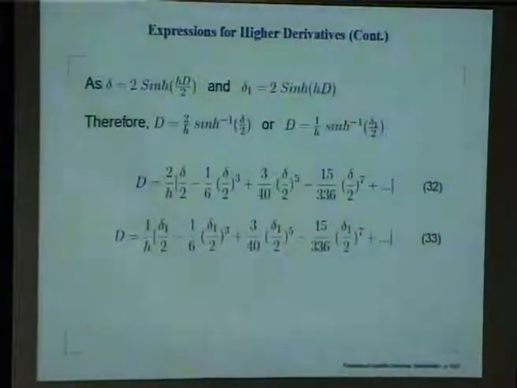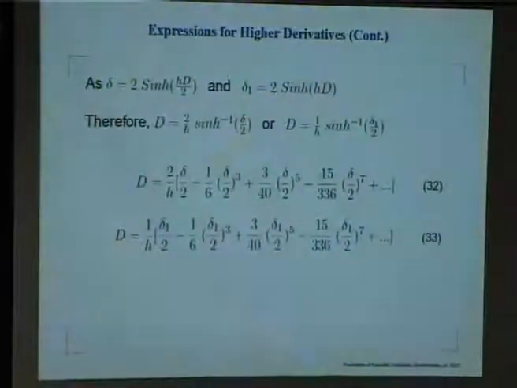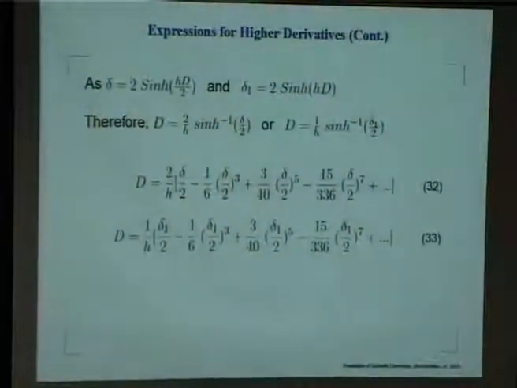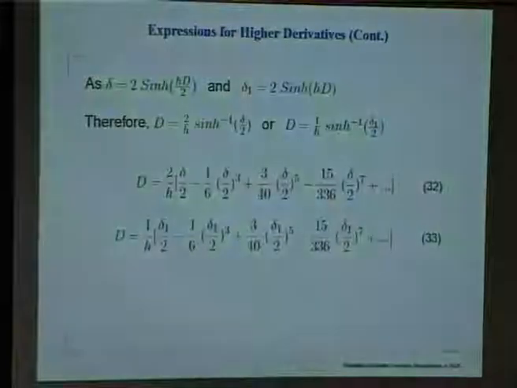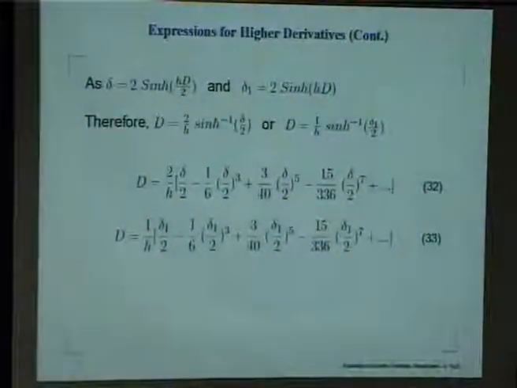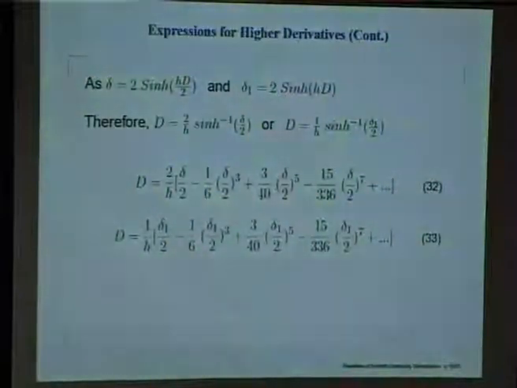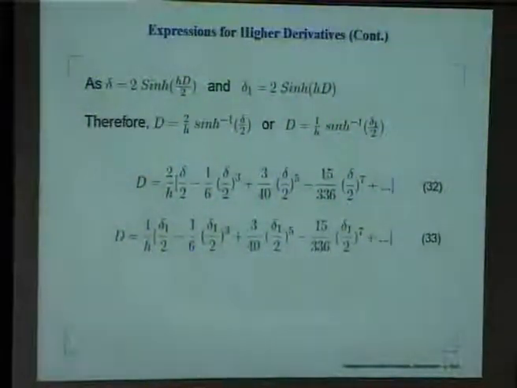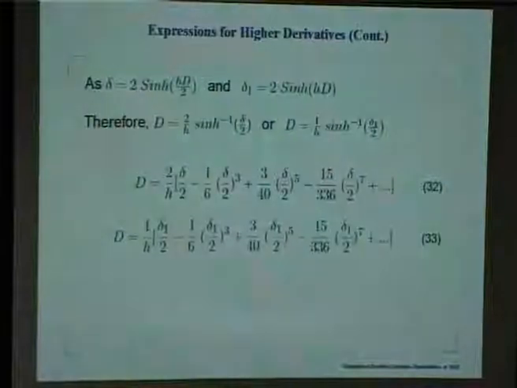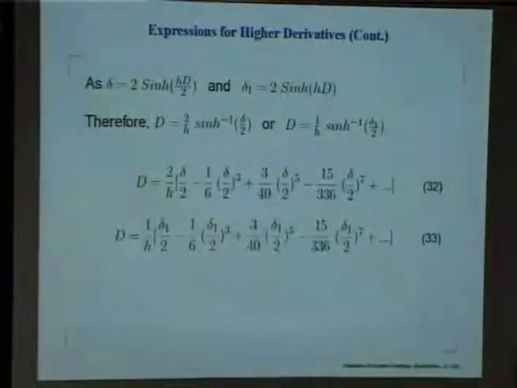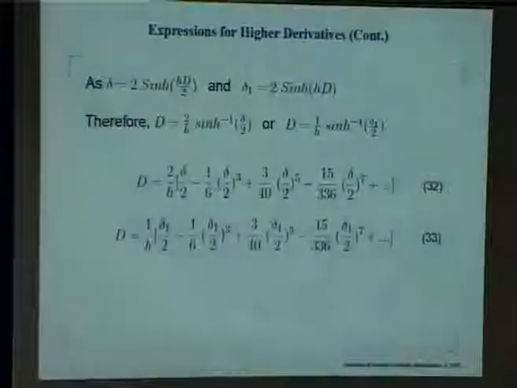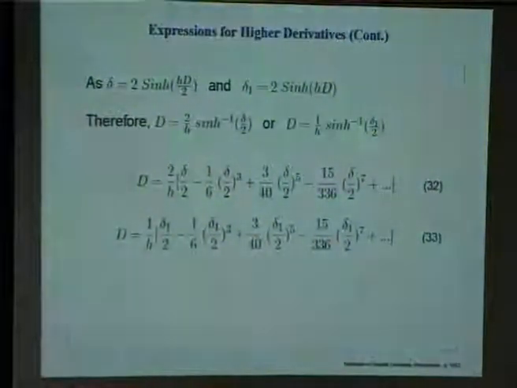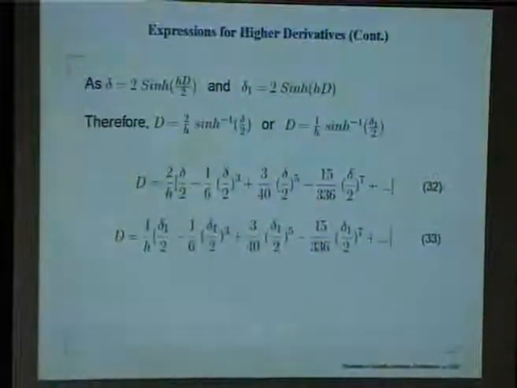So, what I could do is then from here I could write d as 2 by h sine hyperbolic inverse of this quantity, and you look up any mathematics handbook, you will find they will happily give you all kinds of series expansions for the sine hyperbolic inverse function, and that is what your 32 is. 32 is nothing but this expression. So, what you have gotten here is this.